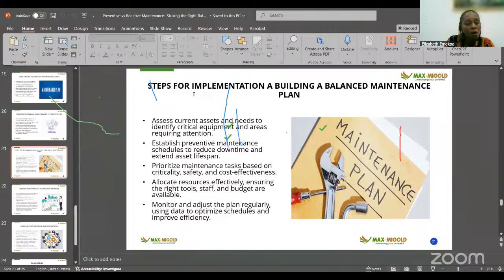Assess current assets, identify critical equipment and areas requiring attention. This generator, this HVAC, these lights, just have everything in mind. Know what needs to be done and when it needs to be done.